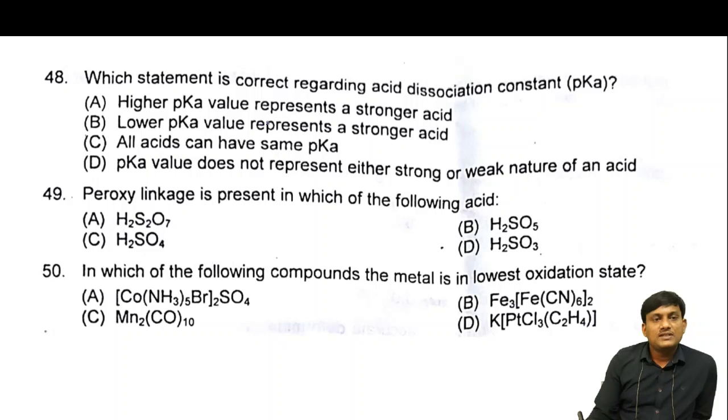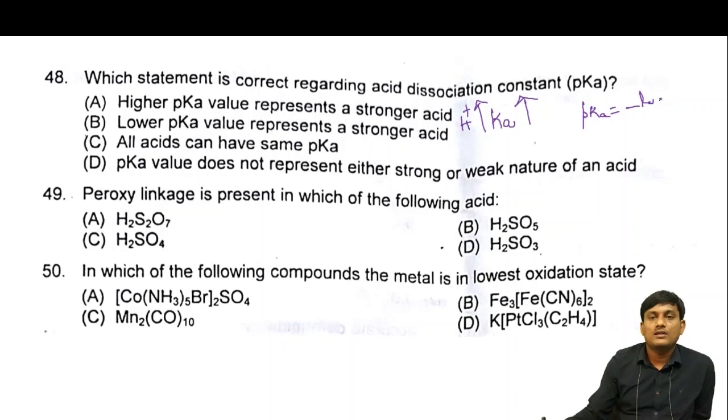Which statement is correct regarding acid dissociation constant? This is acid dissociation constant Ka. It is directly proportional to the concentration of H+. As the concentration of H+ increases, meaning as the acidic strength increases, Ka increases. We know that pKa is minus log Ka.